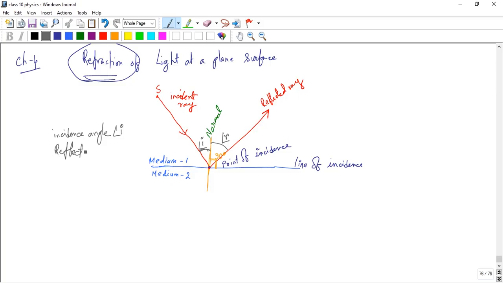So that is the basic phenomenon of reflection of light.